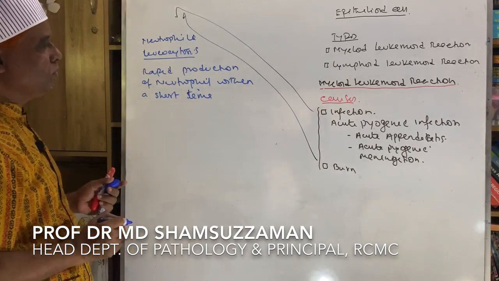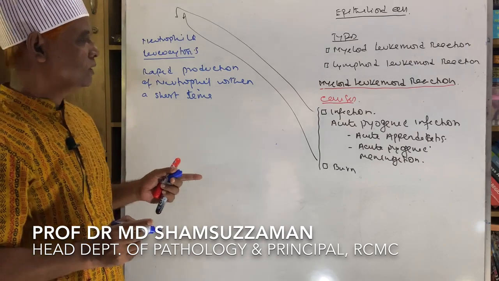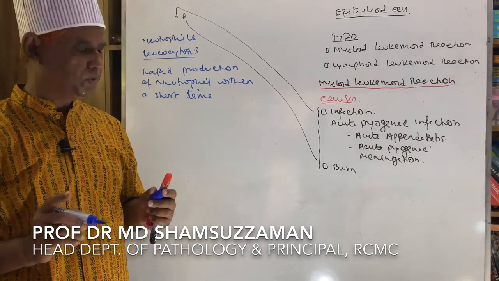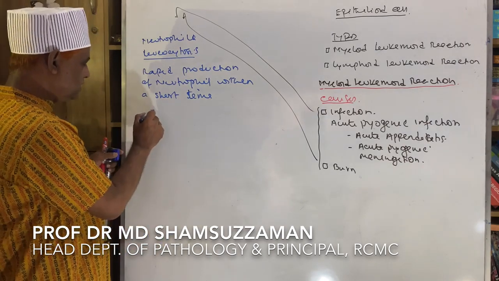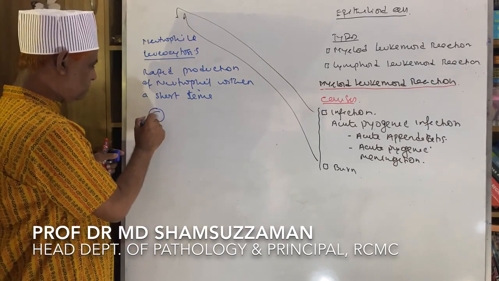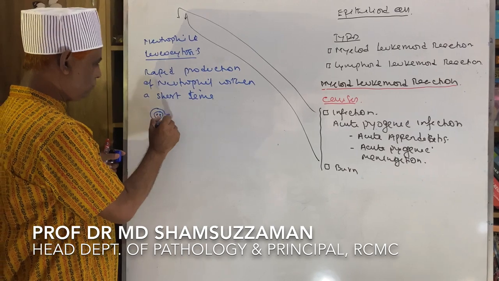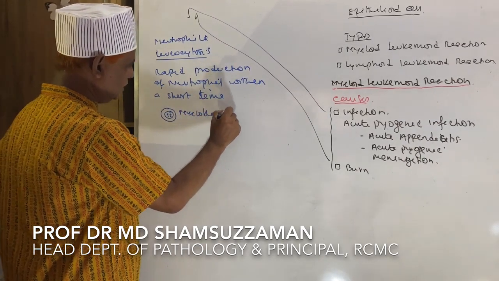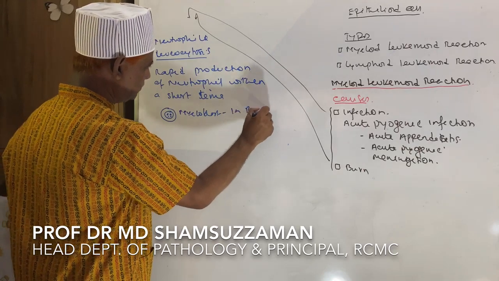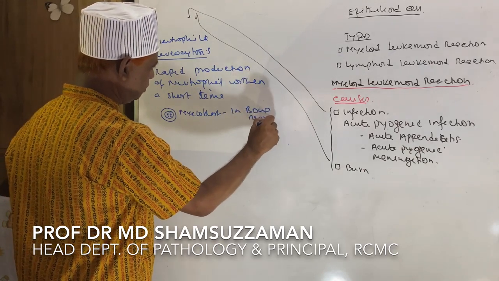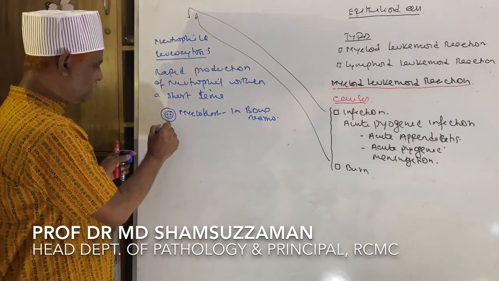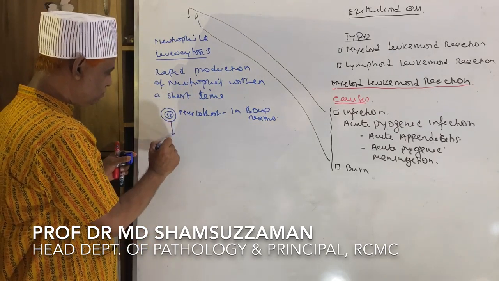Dear audience, you know neutrophil is derived from granulopoiesis. If you consider this is the myeloblast in bone marrow, during granulopoiesis, we get from myeloblast promyelocyte.